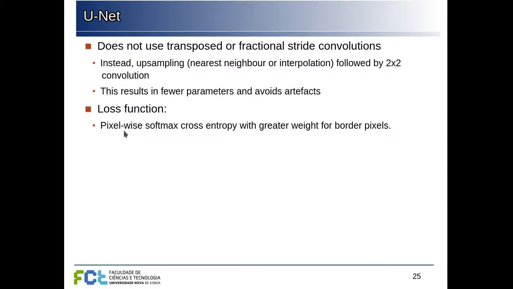So they were trying to force the network to minimize the errors done near the frontier of the different regions. But in any case, the basic function would be as if we were classifying each individual pixel, so we can use the same kind of activations and loss functions for these problems.